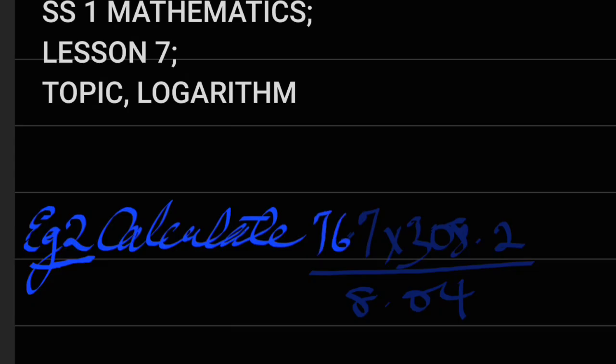Calculate 76.7 times 308.2 all over 8.04. 76.7 times 308.2 all over 8.04. We'll be checking the logarithm table.